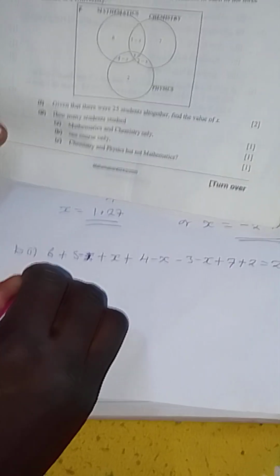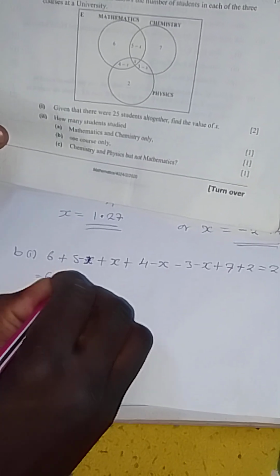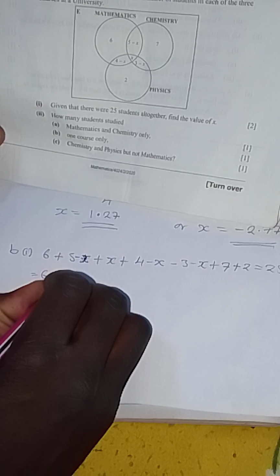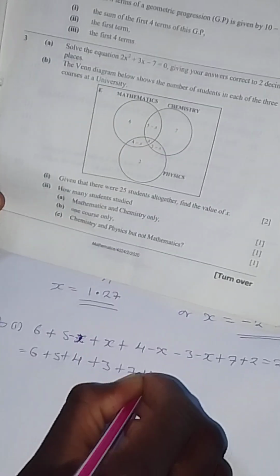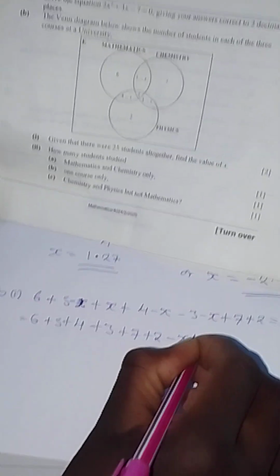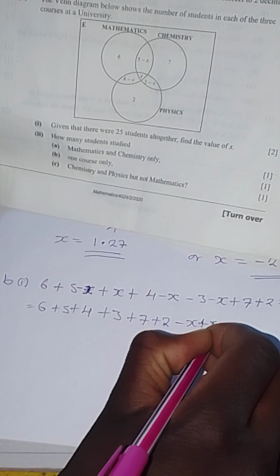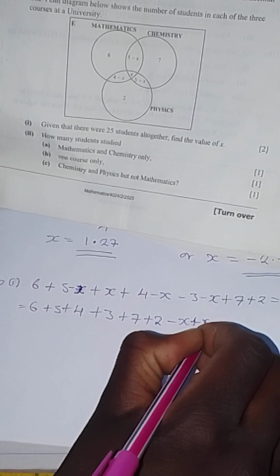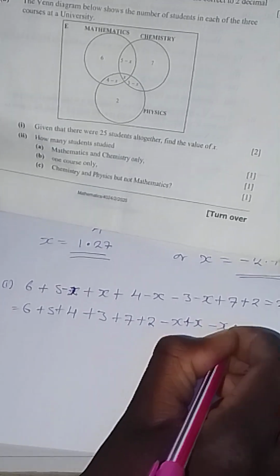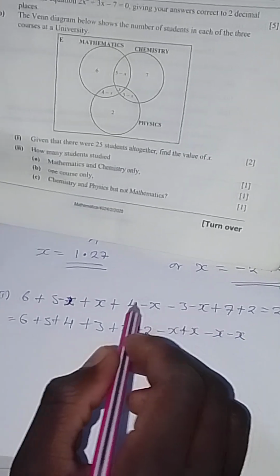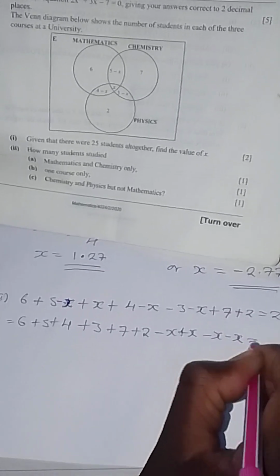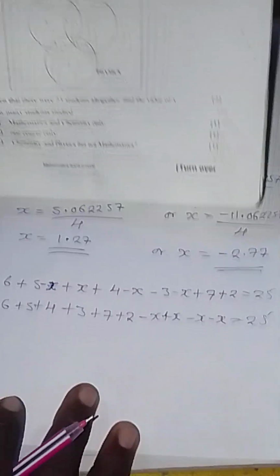So we are going to have 6 plus 5 plus 4 plus 3 plus 7 plus 2, minus x plus x, plus x minus x, again minus x, which is this one and this one, it will give us 25.